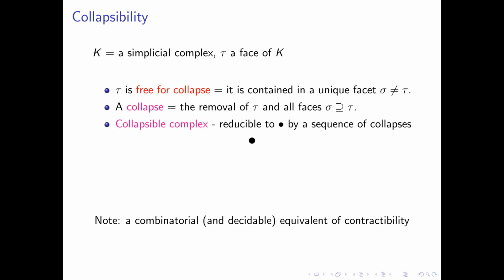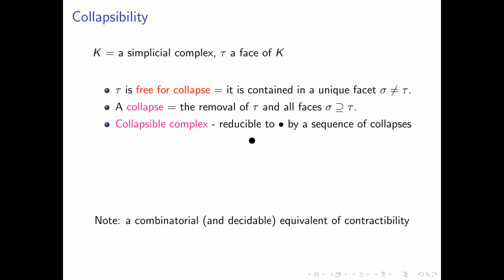We note that collapsibility is a combinatorial equivalent of contractibility. A topological space is contractible if it can be continuously shrunk into a point. And unfortunately, deciding whether a given simplicial complex is contractible is an undecidable question.